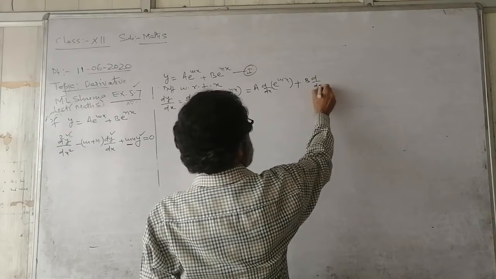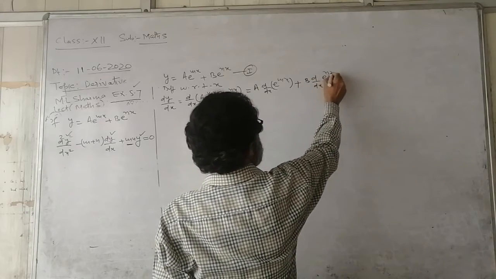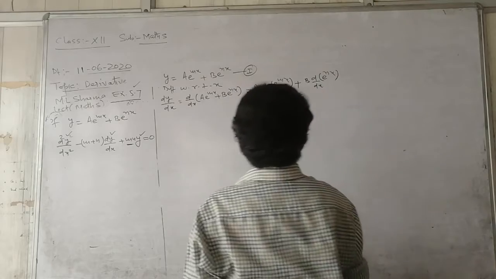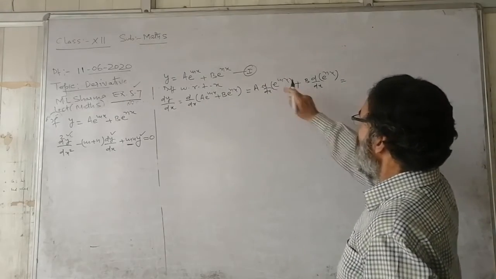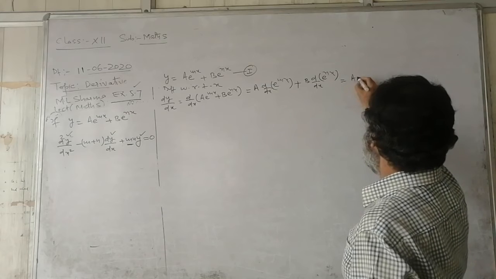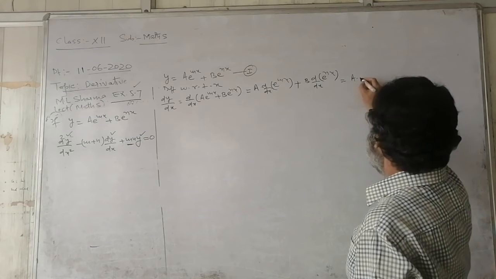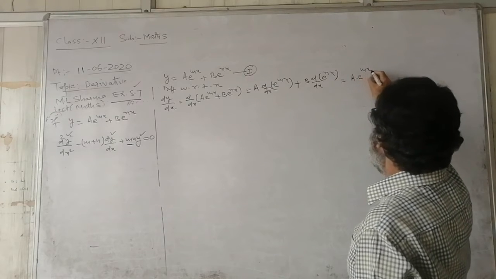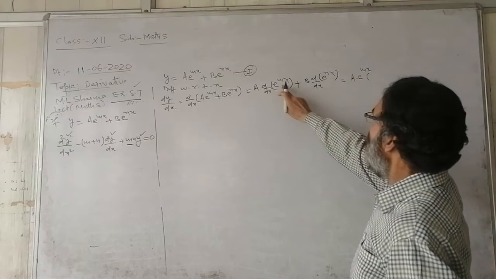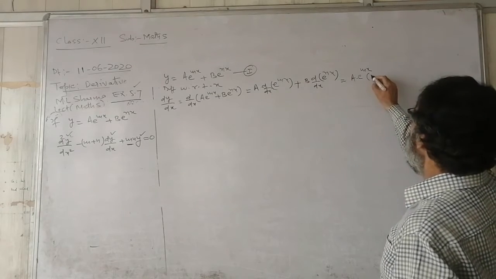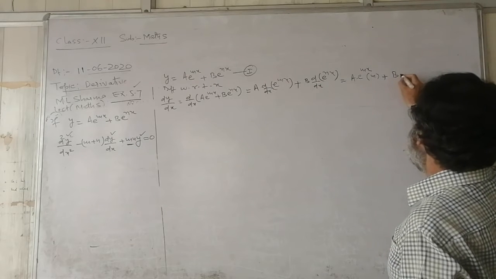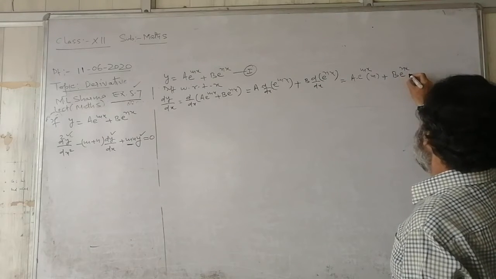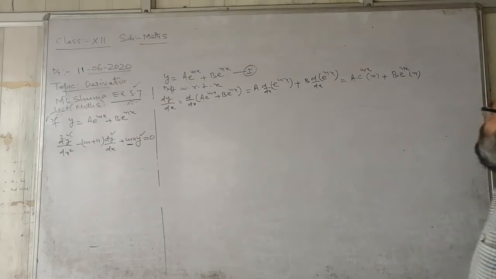d/dx of e raised to power nx will equal e raised to power mx into derivative of mx, which is m, plus b times e raised to power nx into n.